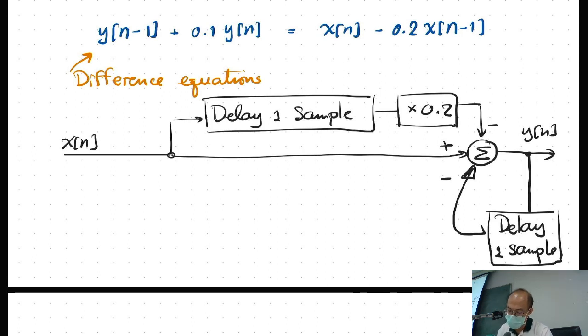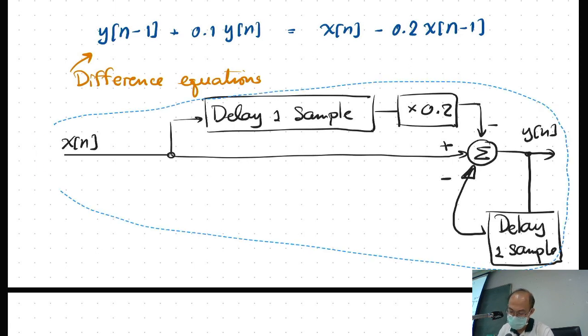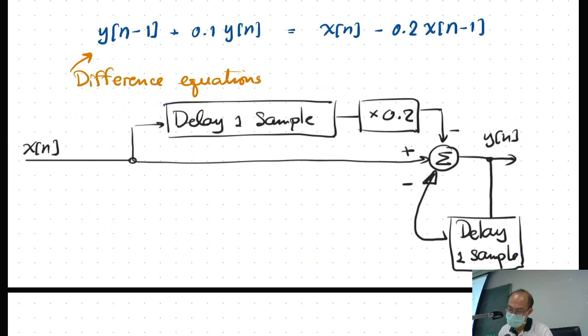I think I have to have 0.1 somewhere, so sorry about that, here times 0.1. No, times 10.